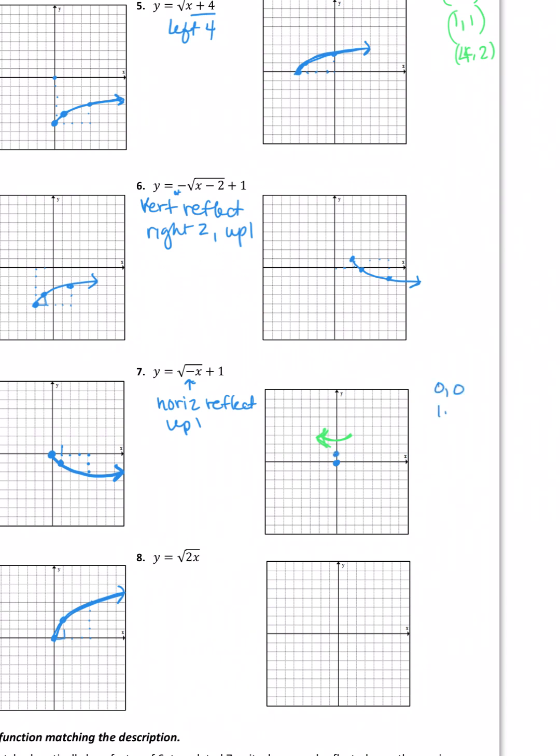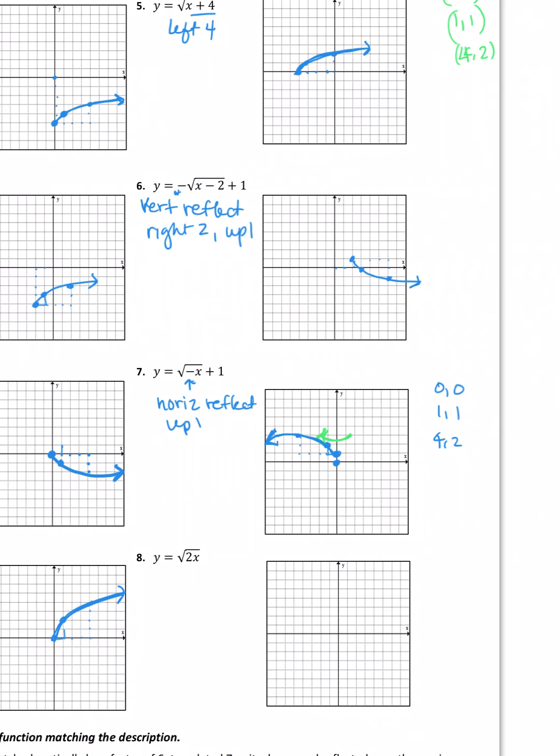Remember, 0, 0, 1, 1, 4, 2. So there's my 0, 0 point, going up over 1. So it's going to go like this, up 1, over 4, up 2. So it's going to turn this direction. It reflected across that y-axis this time. It's going the opposite direction. That's what a horizontal reflection does.